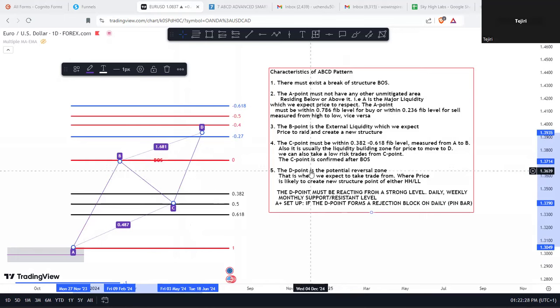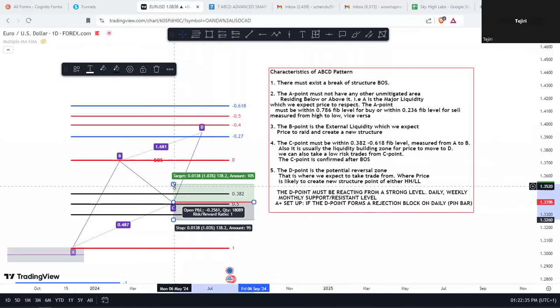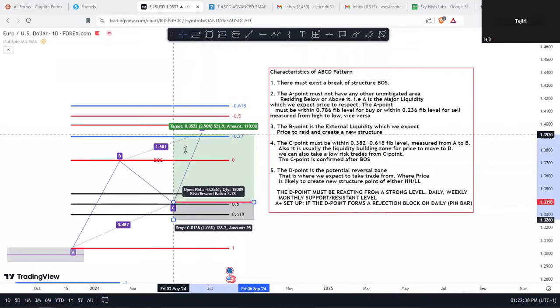So from the C point, we can also take a low risk trade. Yes, you can buy from here and target what?